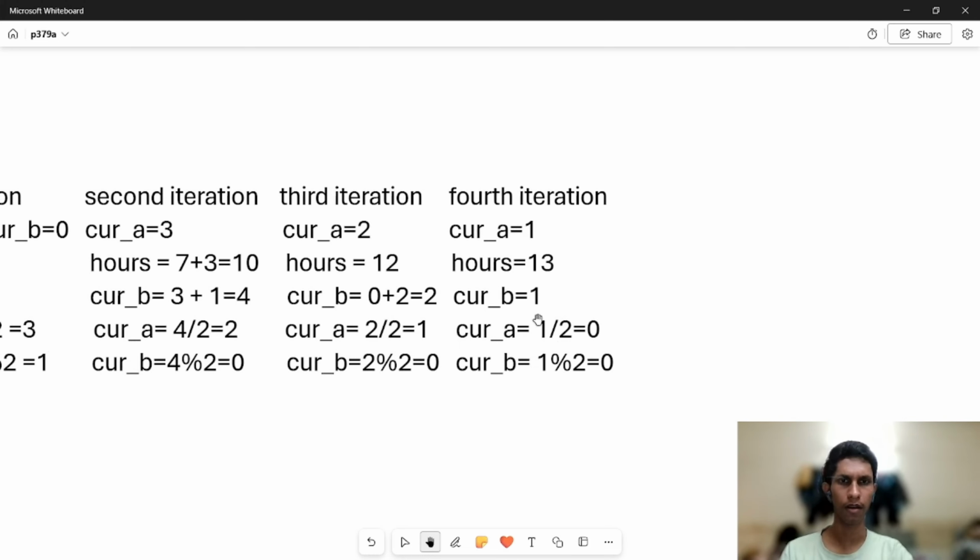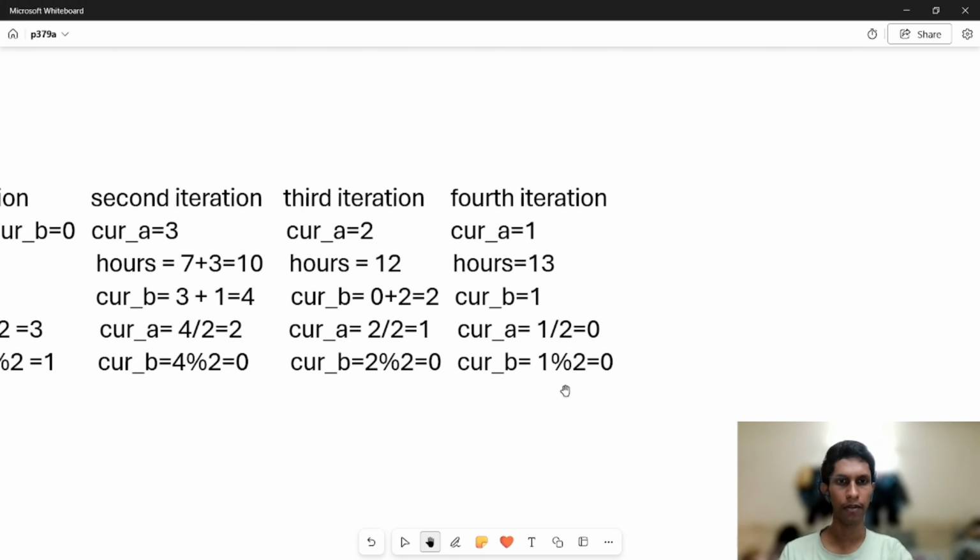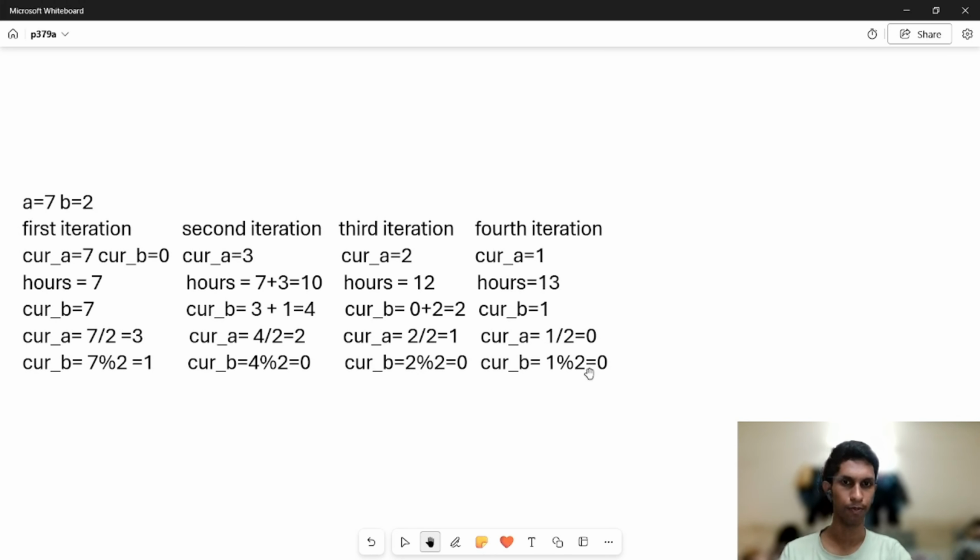Moving on to the fourth iteration, the current value of burnt candles will be 1. Next, calculating the value of current candles for the next case, it will be 1 upon 2, which will be evaluated as 0 or negative integer, and the current value of unused candle will also be 2.